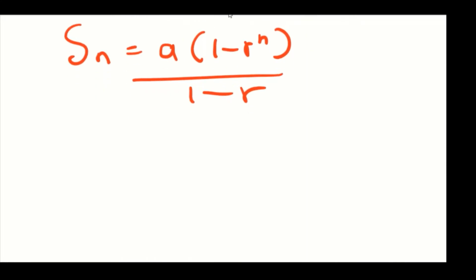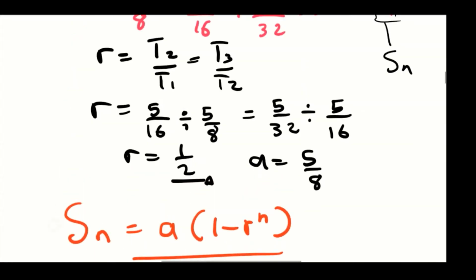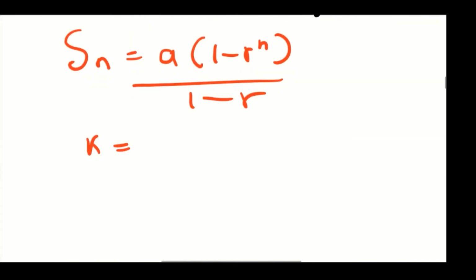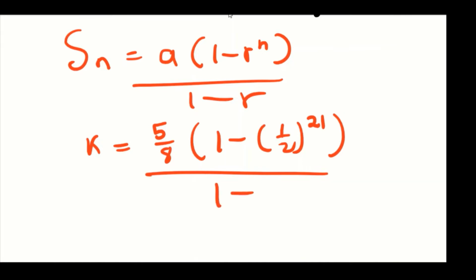And Sn equals k equals a, which is our first term, 5 over 8. So we're just going to write 5 over 8 into 1 minus our r, which is 1 over 2 to the power of 21 terms, right? And then divide by 1 minus 1 over 2.